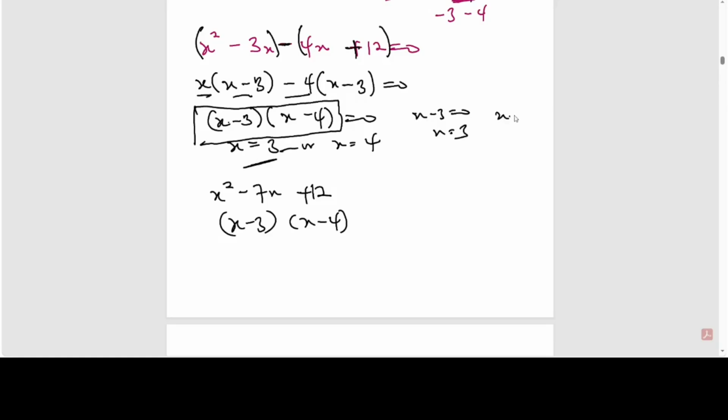And in the other one, x minus 4 equal to 0, so x equal to 4. What gives us the right to do that is because this is an equation, it is equal to 0. So we needed to equate each term to 0. But over here, this is an expression without any equality sign, there's no 0 anywhere. So this becomes our final answer.